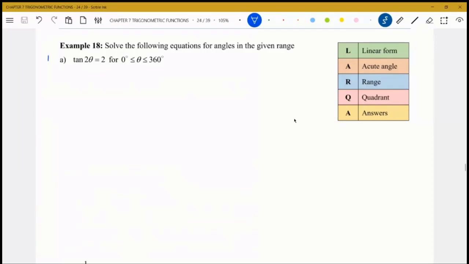So this one is a linear. So we can proceed to the acute angle. So acute angle benda yang sama. So inside the tangent kita ada 2 theta, bermaksud di sini adalah 2 theta alpha. Sama dengan inverse tangent 2. So 2 datang daripada mana? Daripada yang ini. Okay. So we have it to find your acute angle in term of degree, since your range in term of degree. So your acute angle should be 63.43 degree.